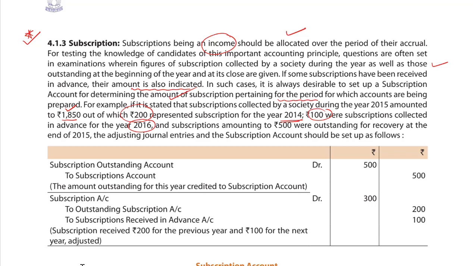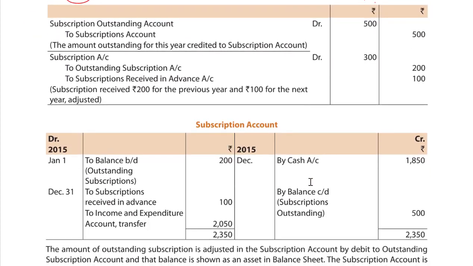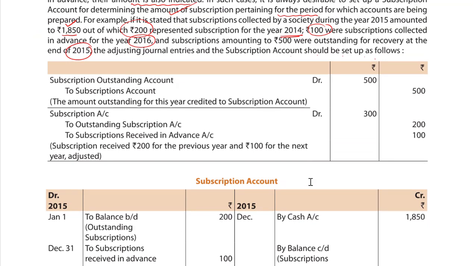Subscriptions amounting to 500 were outstanding at the end of the year, that is, on 2015. The adjusting journal entry and the subscription account should be set up as follows. Subscription outstanding account 500 to subscription account 500. In subscription account, to subscription received in advance, that is 100. So 200 and 100, that is 300.